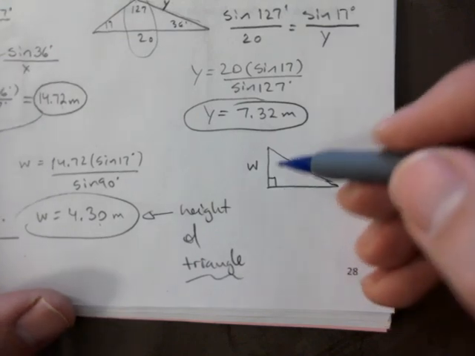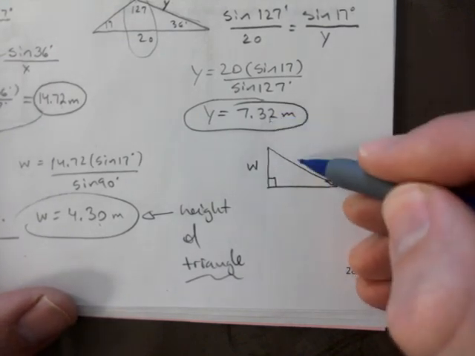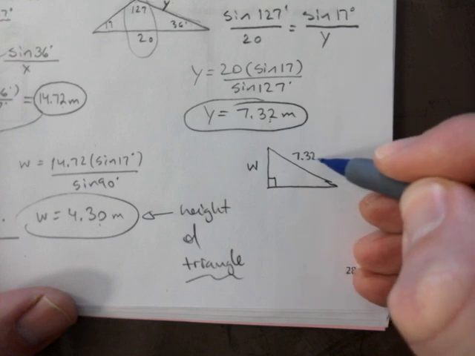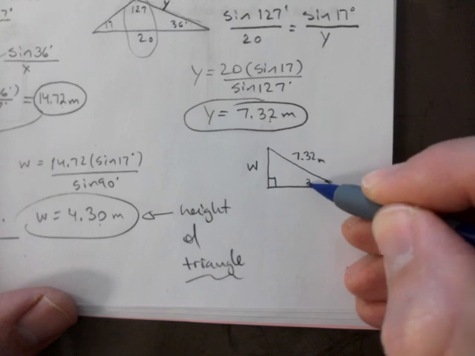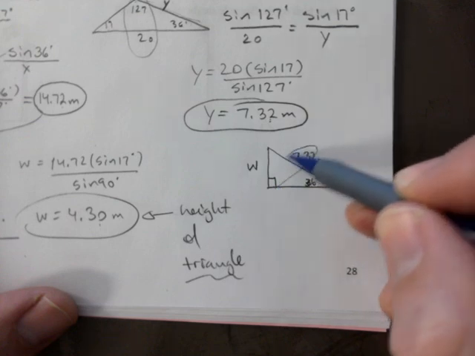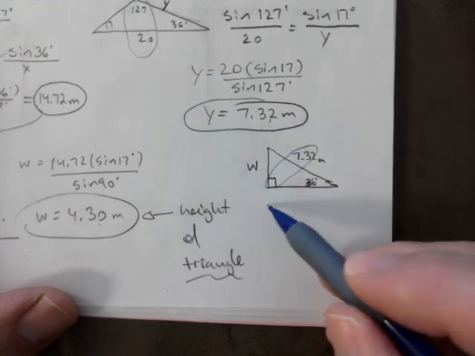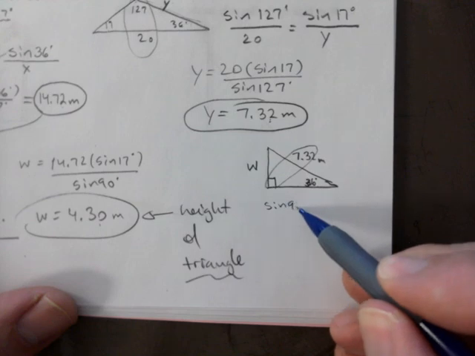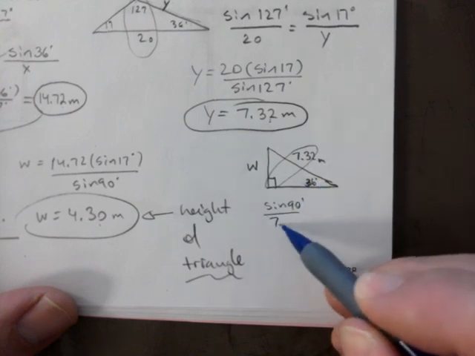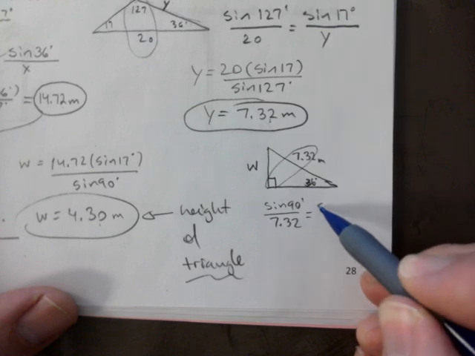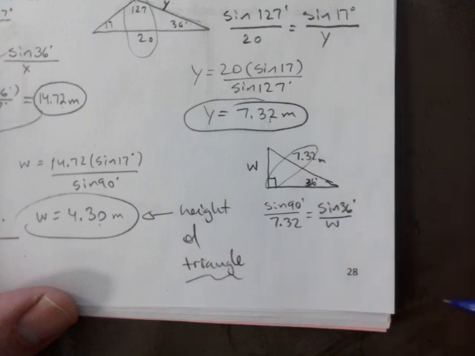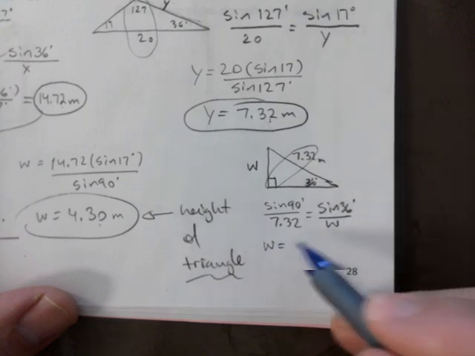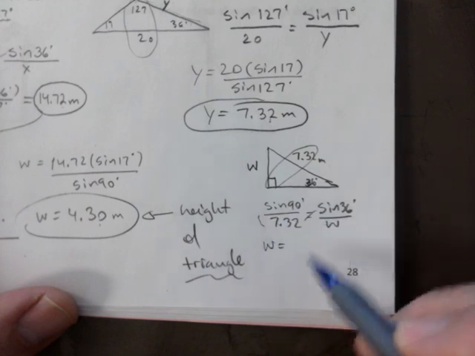But back to this corner, I'm going to copy what I know. The 7.32 would go right there. The 36 degrees goes right there. And here again, I have my pair. I'm going to find W. So sine of 90 over 7.32, and then it's sine of 36 over W. You cross multiply and divide.